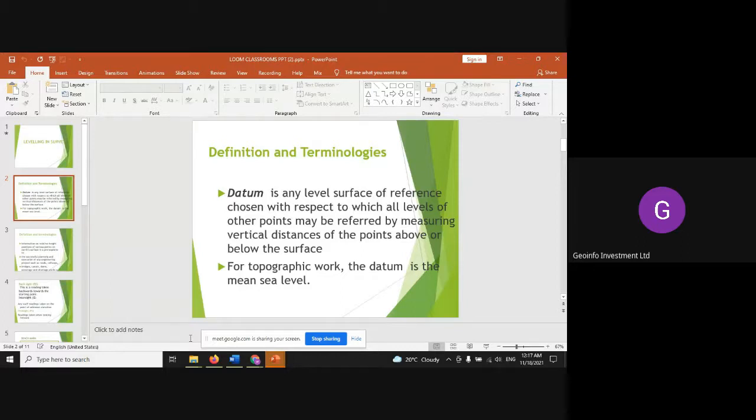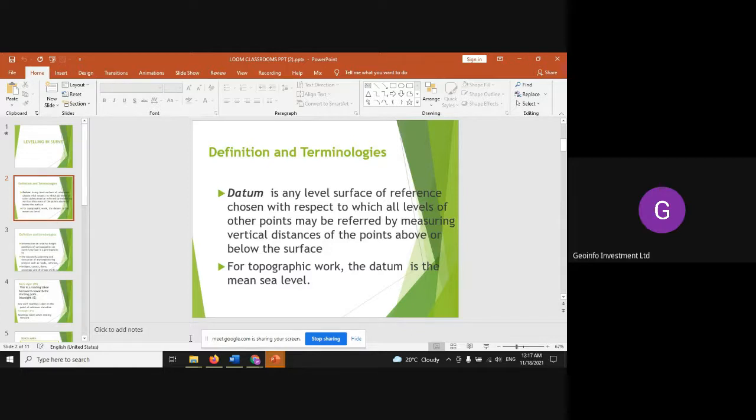So I was saying, by the end of this lesson, the learners should be able to, one, define the terminologies used during leveling, two, describe the procedure used in leveling. Now, here we have terminologies used in leveling. One is datum. Omboto, what is datum? Datum is a known form used as a reference.